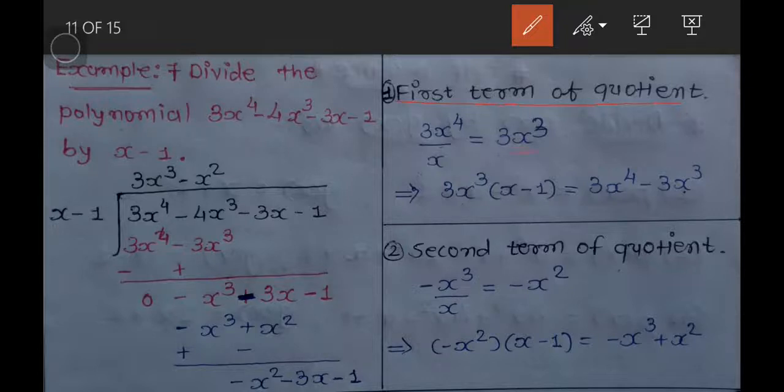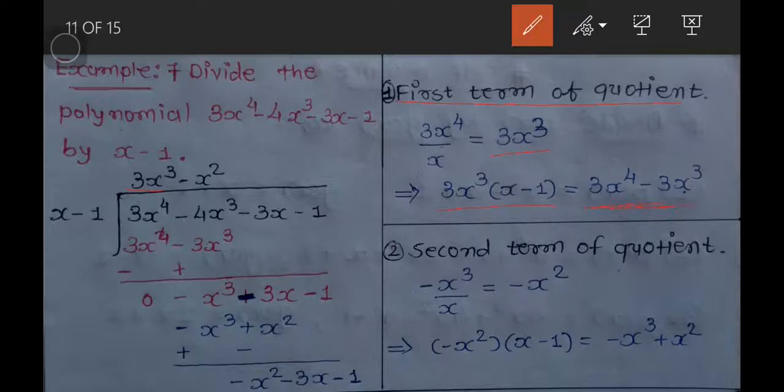So we get 3x cube, and we multiply it with our divisor, that is x minus 1. Then we get 3x raised to 4 minus 3x cube, and we now subtract it from our dividend. So first we put here our first quotient, then we subtract the product from the dividend. So 3x raised to 4 minus 3x cube.